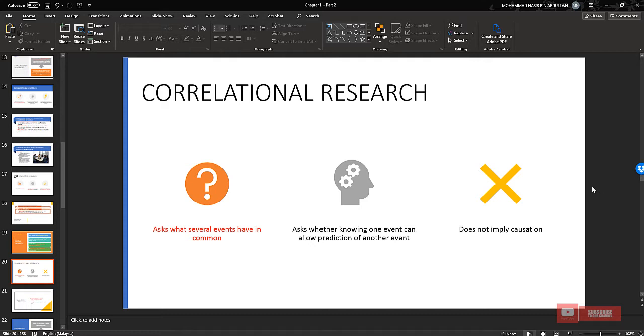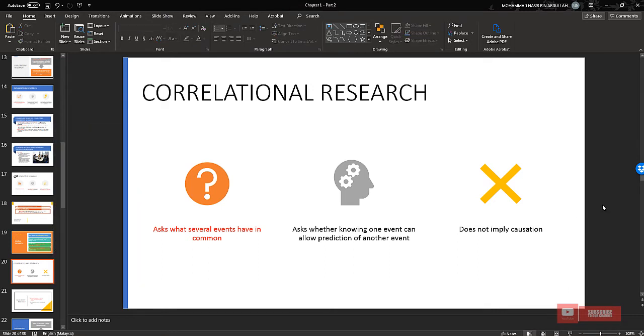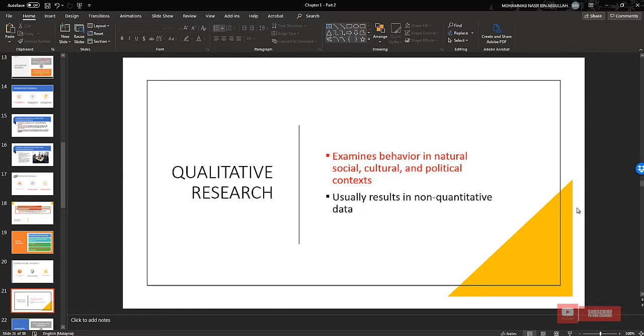You need to remember, correlation is not causation, right? It does not imply causation until you do causal research. To understand the causation, you need to conduct causal research to understand why A has a correlation with B, right?